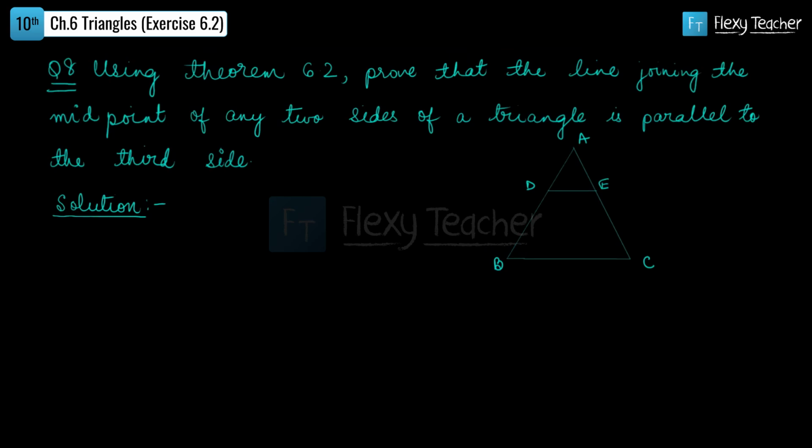Question number 8. Using theorem 6.2, prove that the line joining the midpoint of any two sides of a triangle is parallel to the third side. Friends, यहाँ पे हमने diagram draw कर लिया है triangle ABC wherein D and E are midpoints of AB and AC respectively. Okay, so we have to prove that DE is parallel to BC.